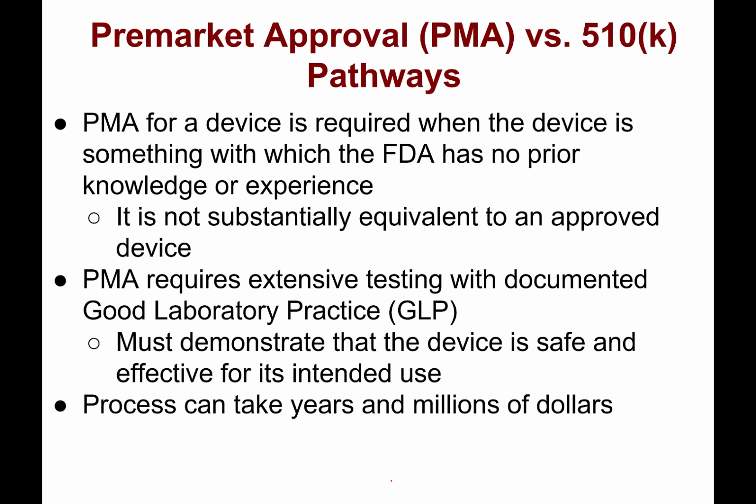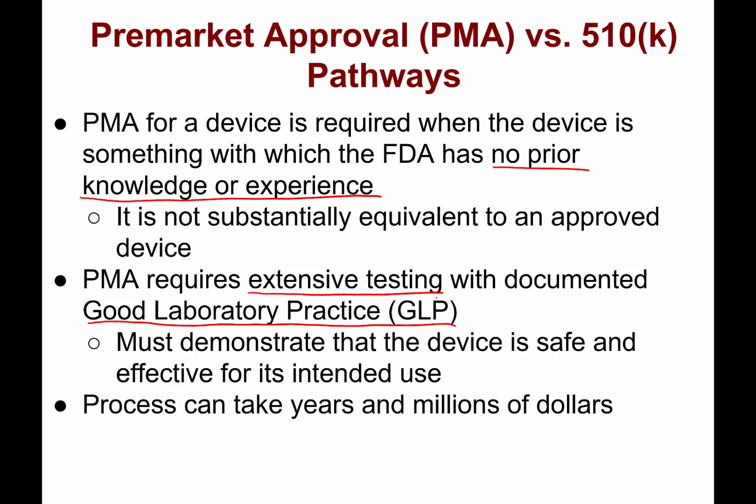So the 510K pathway, that is one approach. And of course, this is much cheaper for companies to get a device through this pathway than through the alternative, which is pre-market approval, or a PMA. PMA for a device is required when it's something that the FDA has no familiarity with. So they have no prior knowledge or experience with such a device, so it's not substantially equivalent to anything that's approved. That's going to require extensive testing, but also the testing has to be really well documented, so it has to adhere to good laboratory practices.